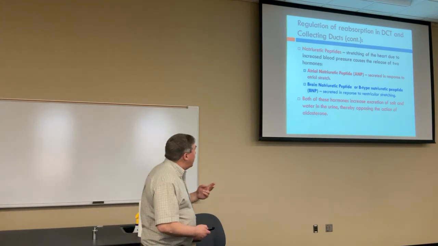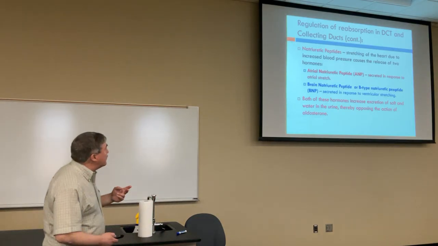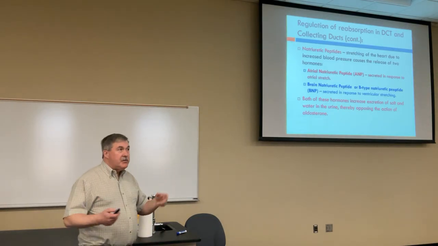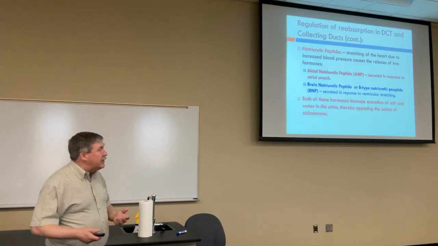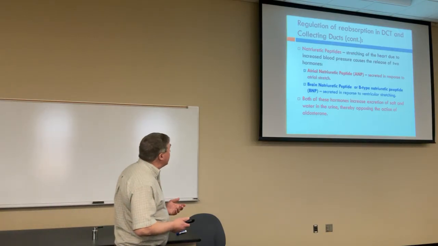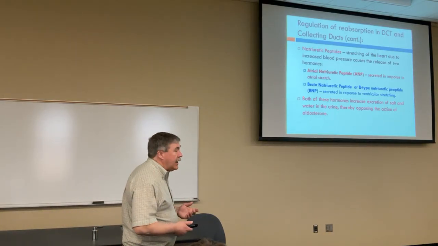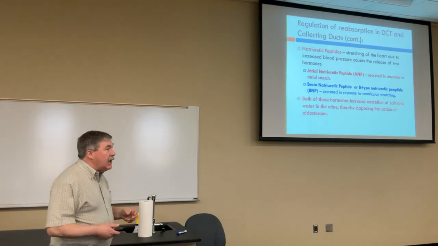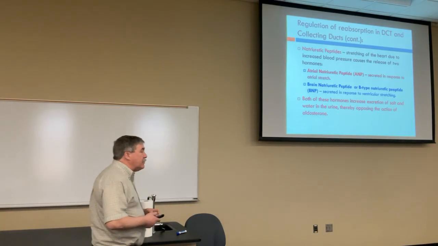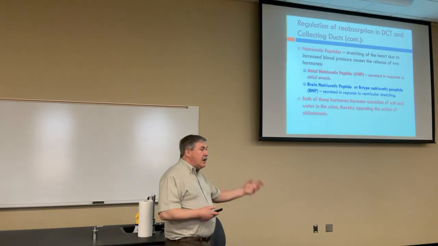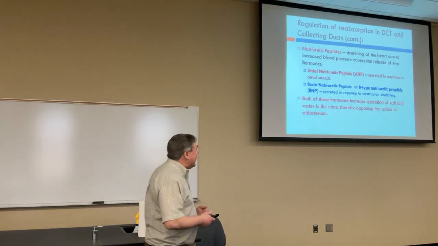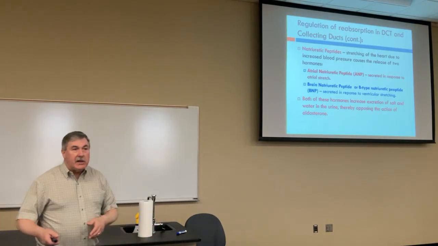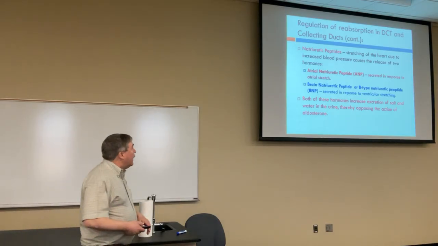And these two hormones are actually two of the most recent hormones that were discovered that affect the kidneys. They're called natriuretic peptides. Natriuretic peptides can increase sodium secretion and therefore excretion independently of the renin-angiotensin-aldosterone system.